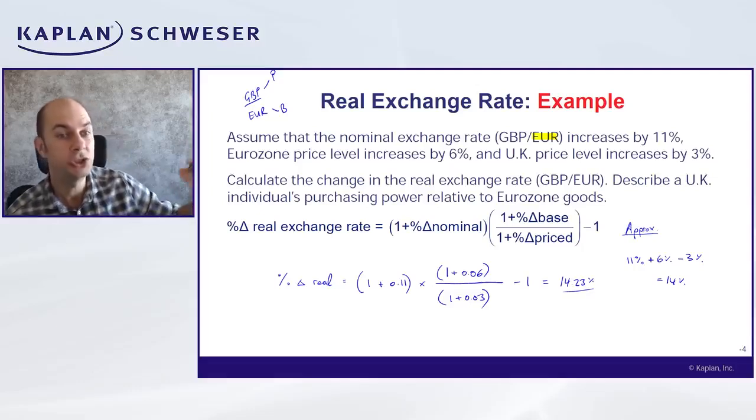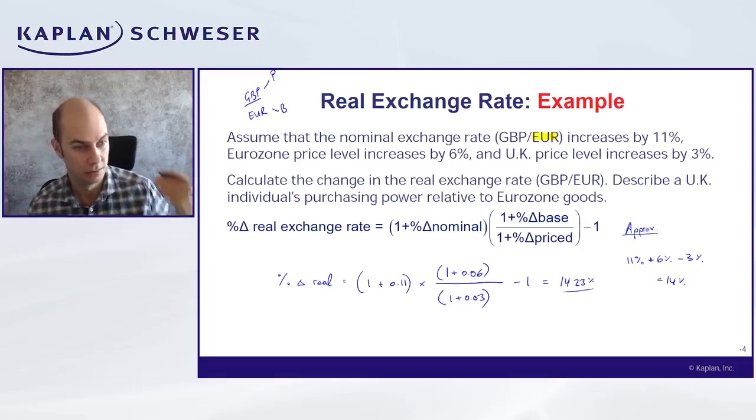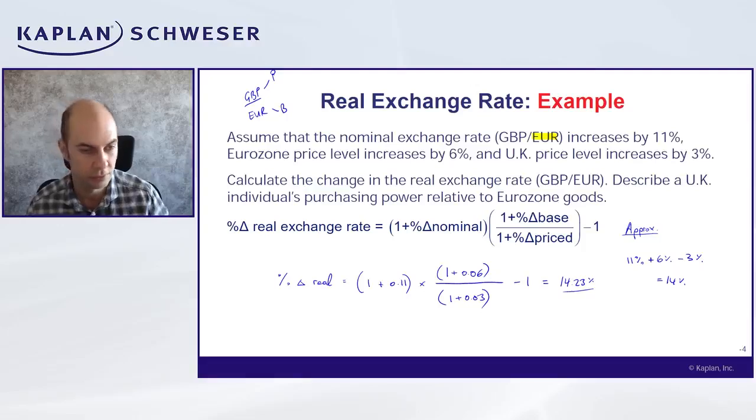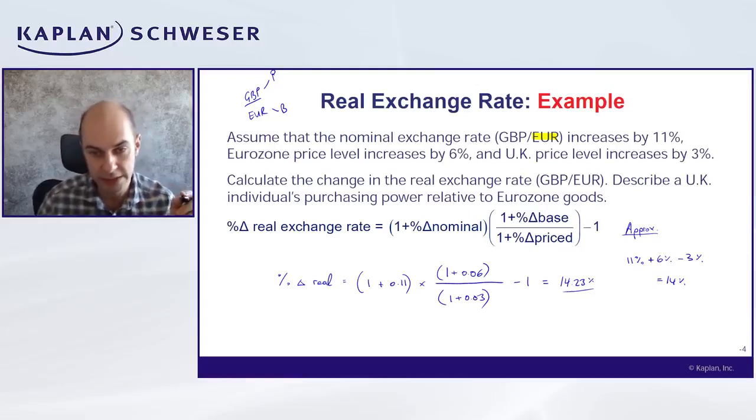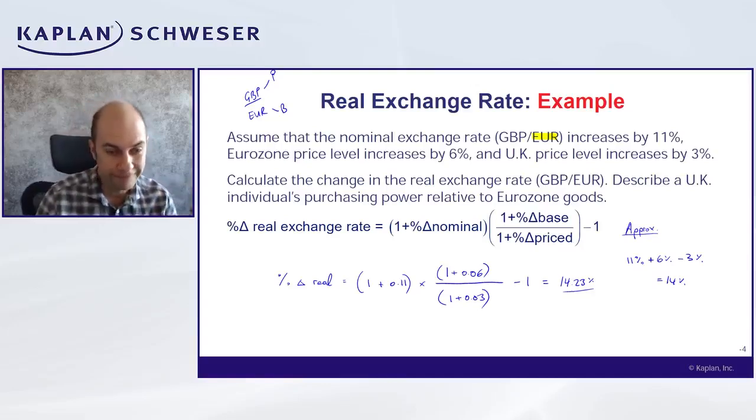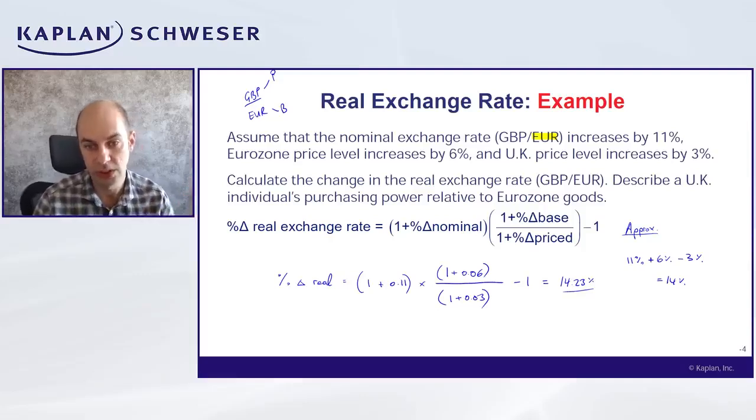So a consumer based in London, United Kingdom, or Cardiff, Wales, or Belfast, Ireland, or Edinburgh, Scotland, will only be able to buy 14% fewer EU goods and services, my friends.